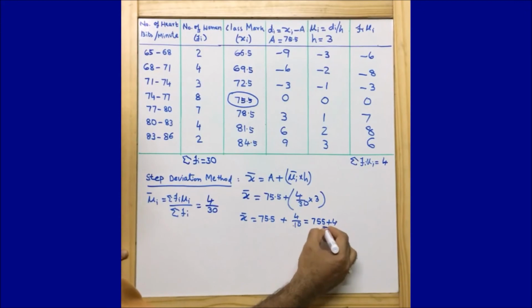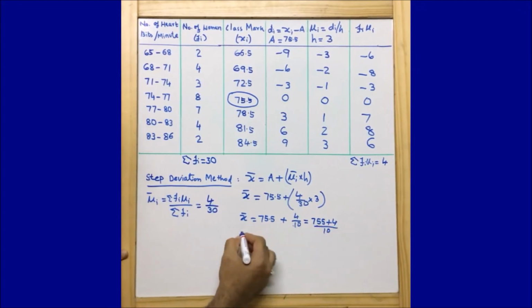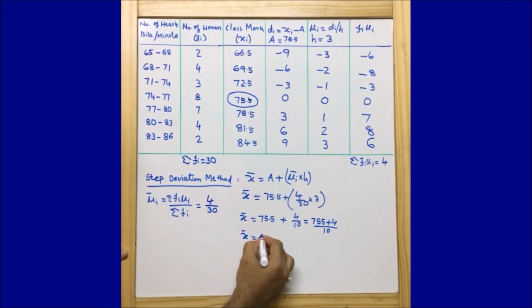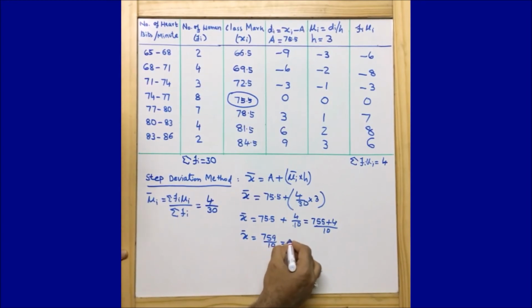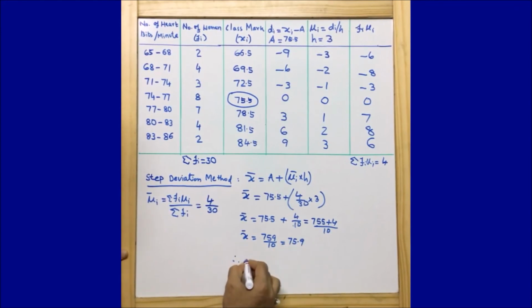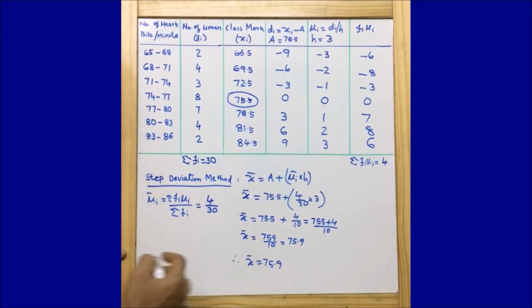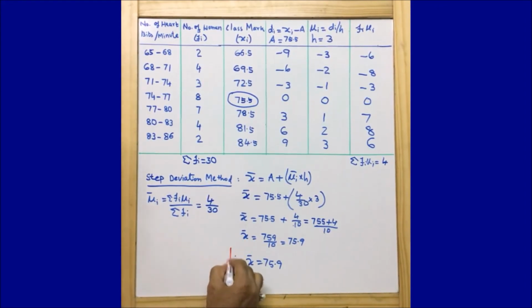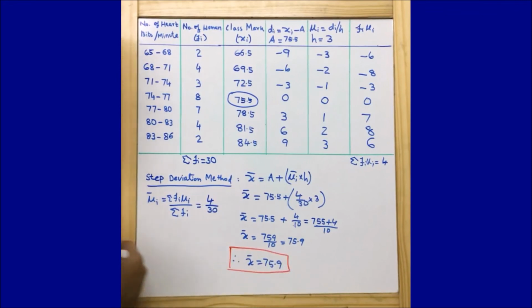plus 4, by 10. So we are getting mean is equal to 759 by 10, or that is equal to 75.9. Therefore we got the mean as 75.9, and this is our answer.